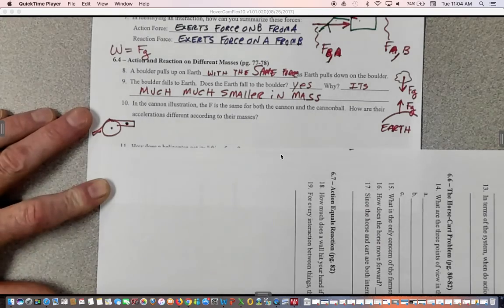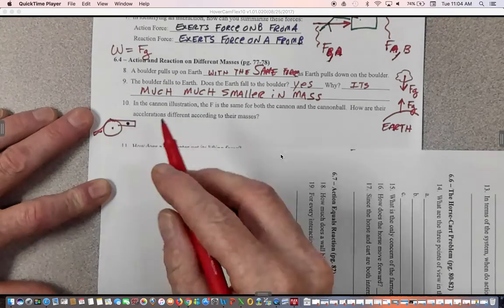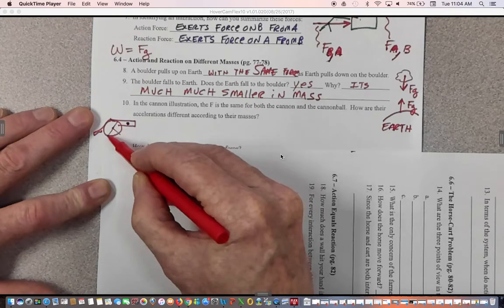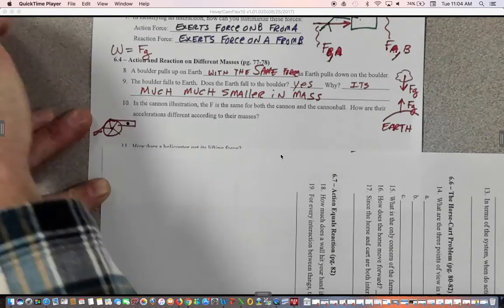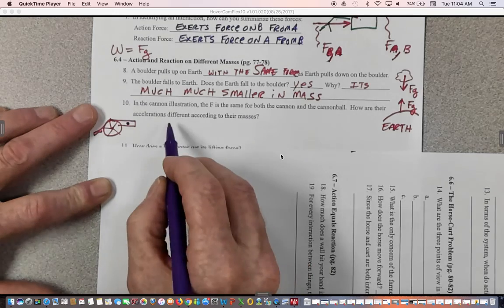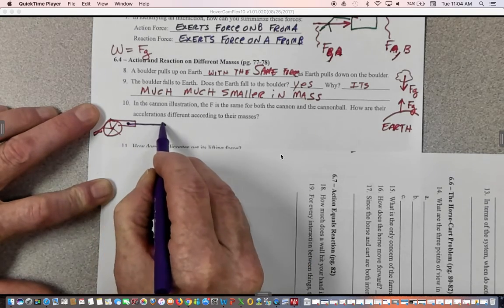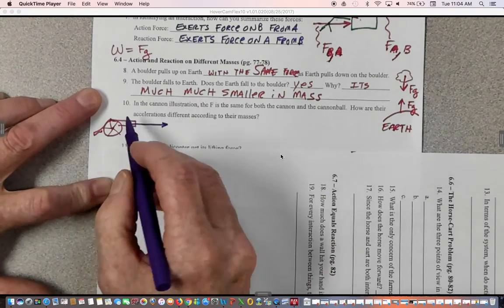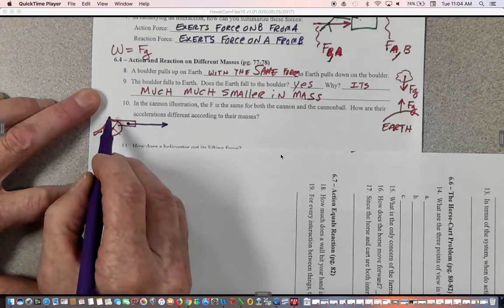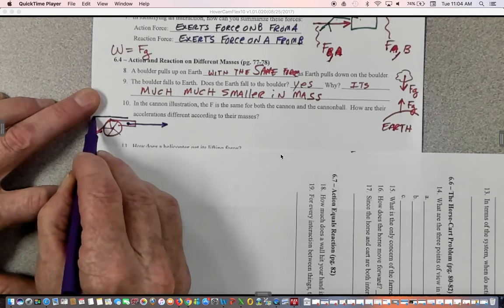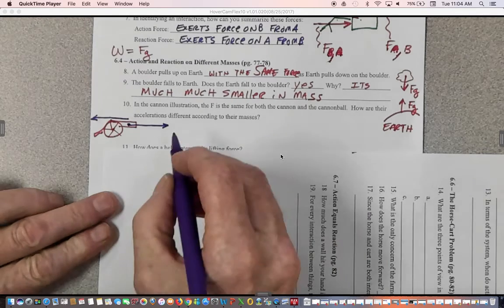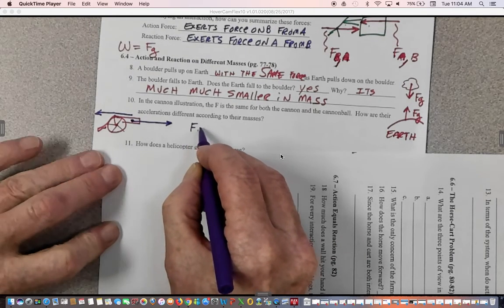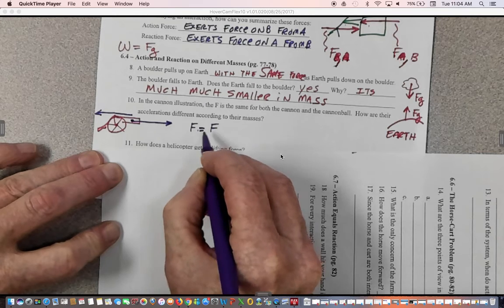The first thing you must realize, and I'll put some spokes on the wheel of the cannon, is that when the cannonball shoots, the cannonball goes forwards and the cannon goes backwards. The force on both will be equal but opposite.